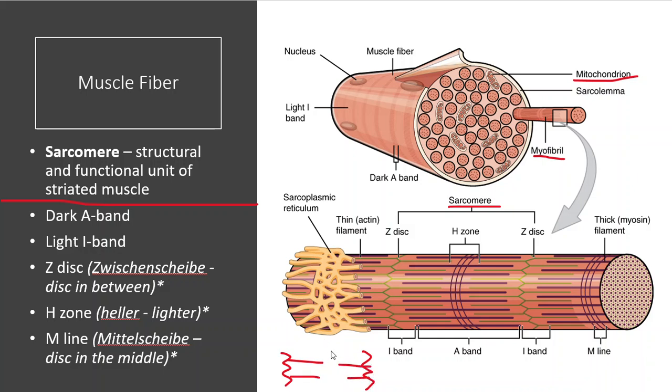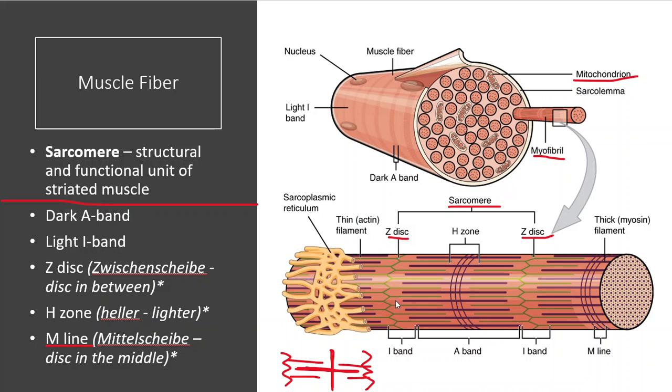In the center, we have an M line, which is kind of like a disc as well. And this is what the thick filament, try to draw this a little thicker, guys, is connected to. So, seeing here, there's the Z-disc. Between one Z-disc and another Z-disc is a single sarcomere.